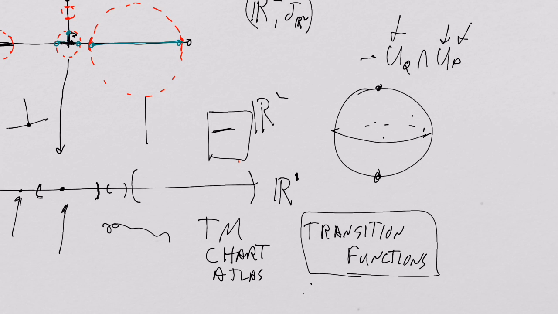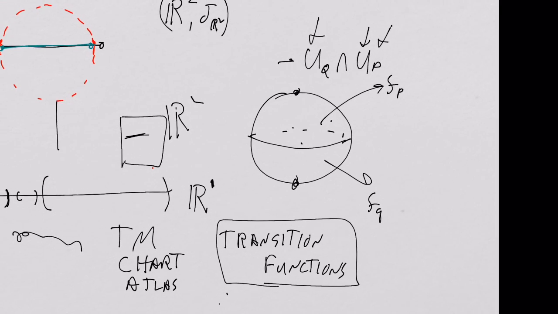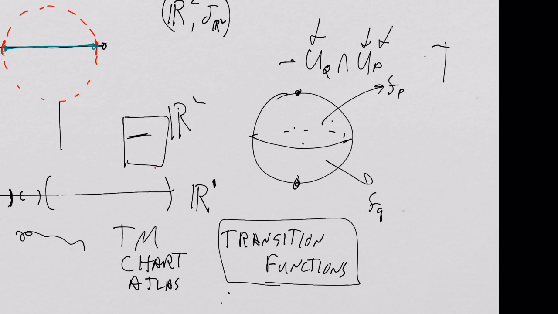Because of this intersection, I could map any point with FQ or with FP. And so now the question is, I land in one open set of R2 with one mapping, and I land in a different R2 in a different open set. These spaces are topological spaces.